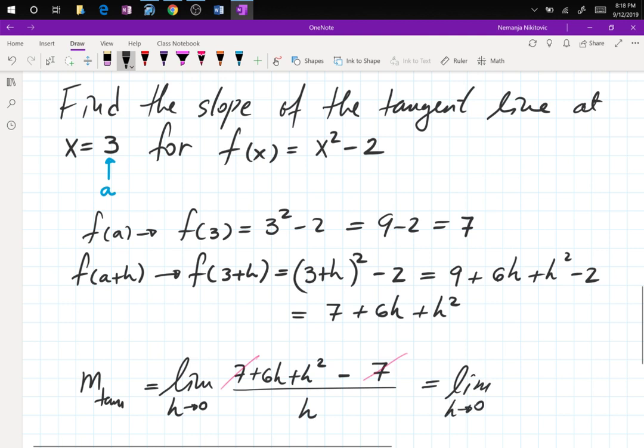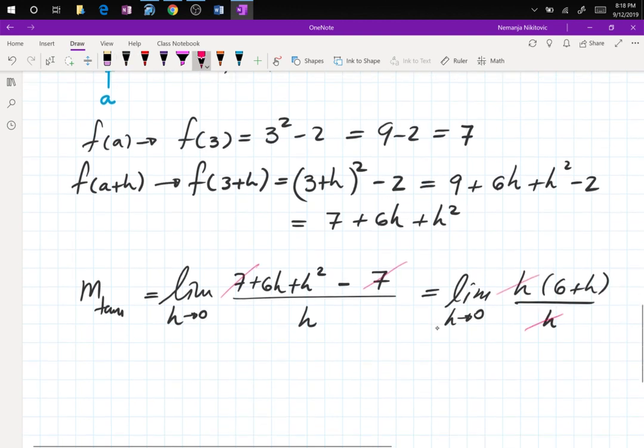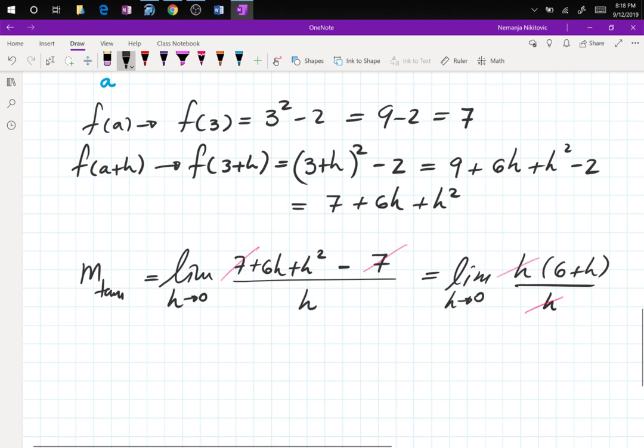So limit as h goes to 0, you kick out h, and you are left with 6 plus h divided by h. This is where h cancels with h, and you have the limit as h goes to 0 of 6 plus h. What is the limit as h goes to 0? 6. Good. So we found out that the slope of the tangent line is 6.